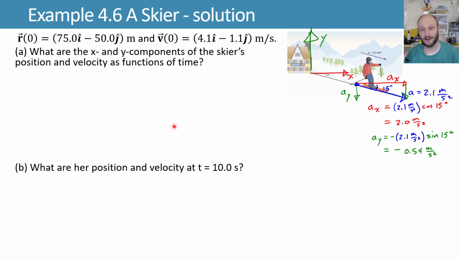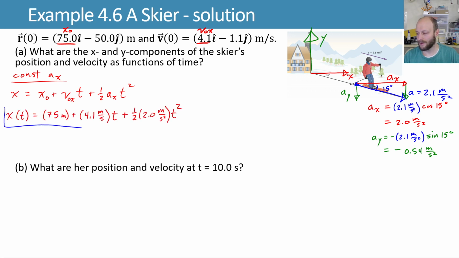We'll treat the constant acceleration in the x direction first, and write a constant acceleration expression that hopefully we'll be able to substitute things into to get a function of time. Using our initial values for x naught and v naught x, we can substitute those in, and that's an expression. Lovely. So we have position as a function of time.